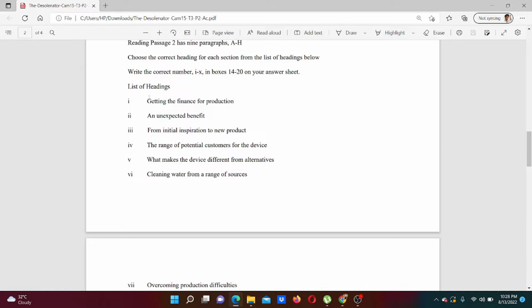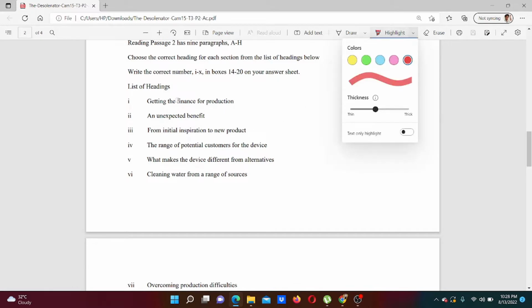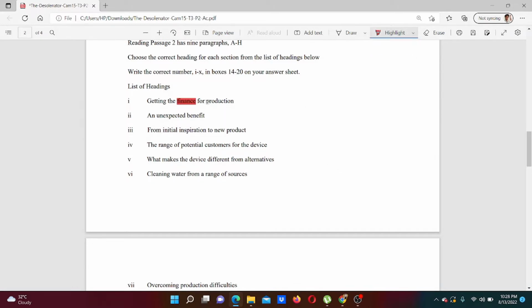So the first heading is getting the finance for production. The finance for production will be the keywords here. Then an unexpected benefit. There was a benefit which was totally unexpected. And number three is from initial inspiration to a new product.